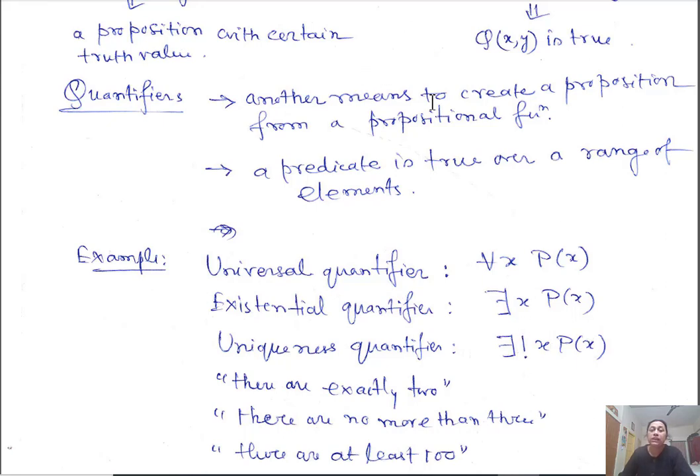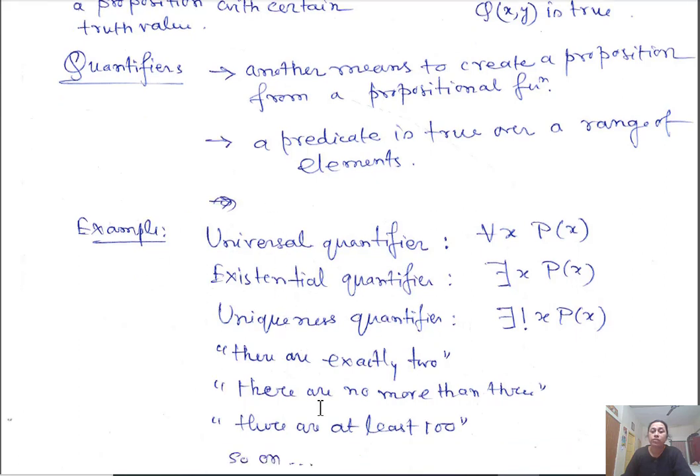So this is another means to create a proposition from a propositional function. The predicate is true over a range of elements. There are several other quantifiers: there are exactly two, there are no more than three. The universal quantifier has this notation. For this one there is no notation. You can always define your own notations, but these are standard notations.